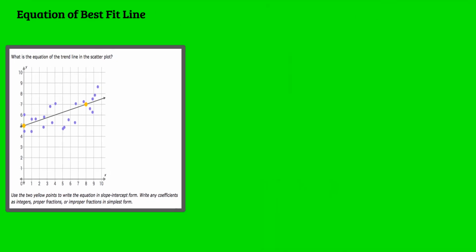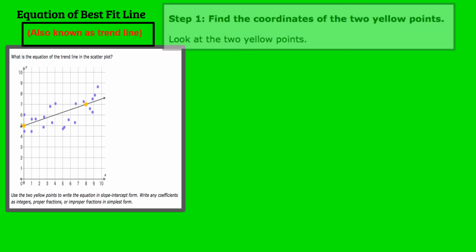In this problem, again, we are asked for the equation of the best fit line. Remember that the best fit line is also known as the trend line. First thing we will do is find the coordinates of the 2 points that are yellow. In this case, the graph picked 2 integers for you.